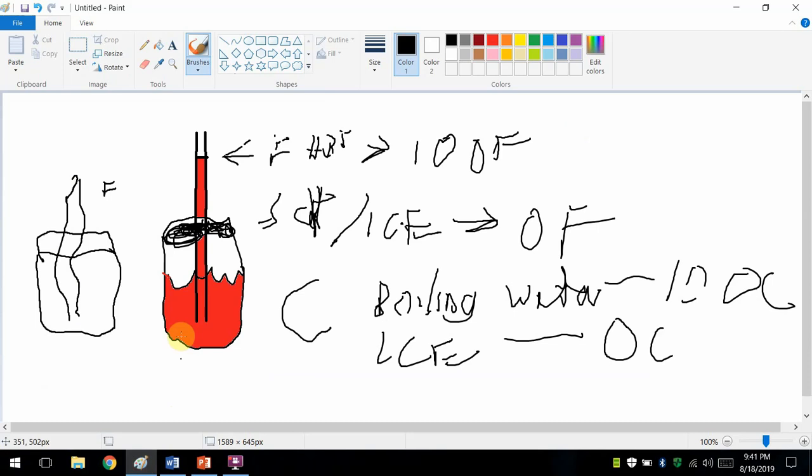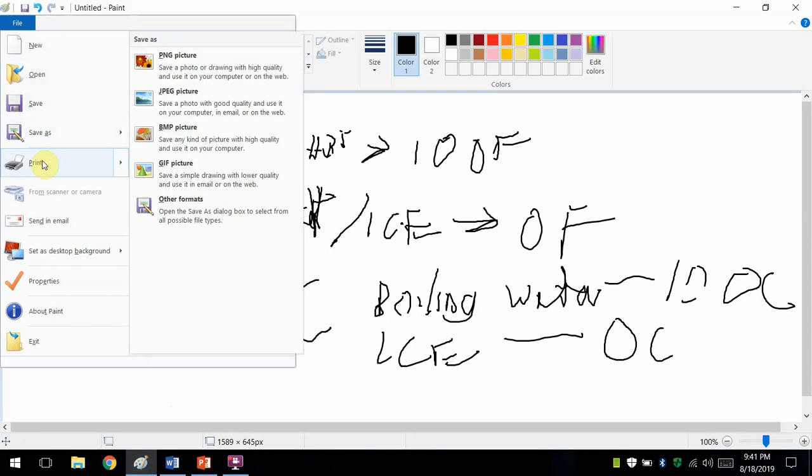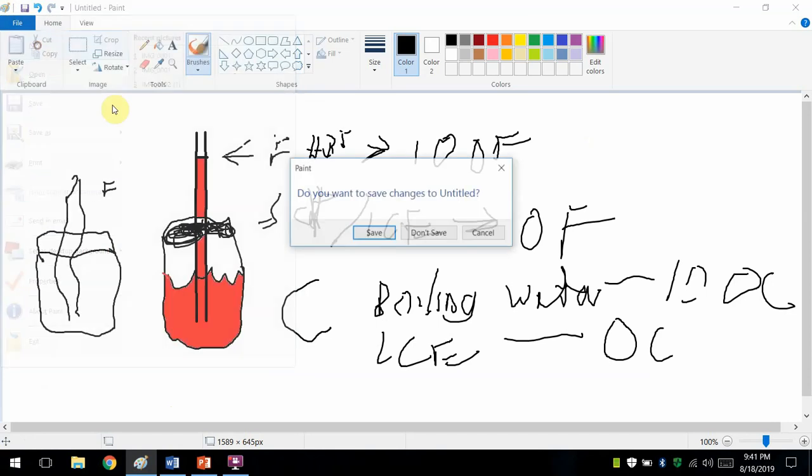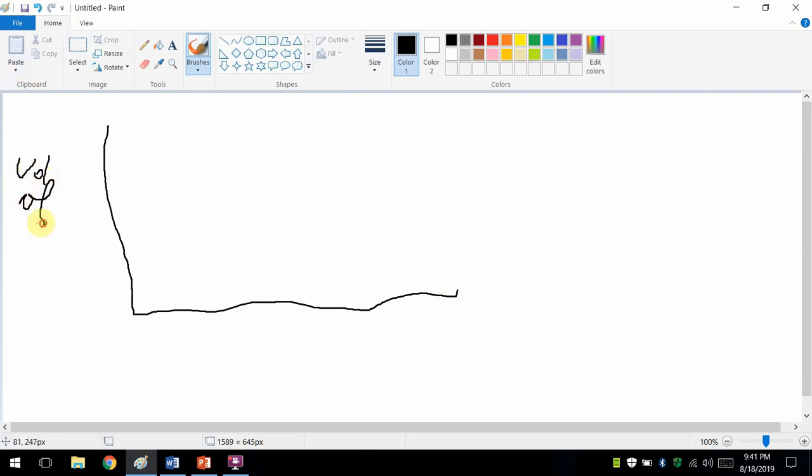The other story I have to tell you, let's see if we can just get rid of all of this. New. Don't save. Is if you were to take this and you have the volume of gas.